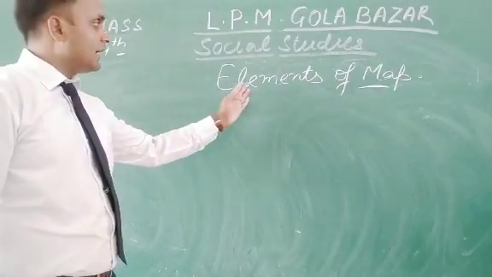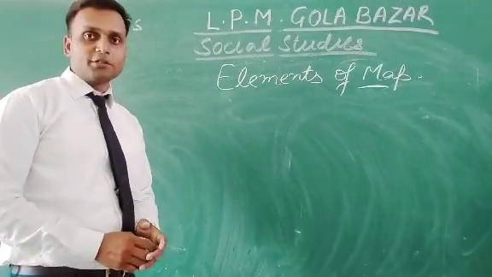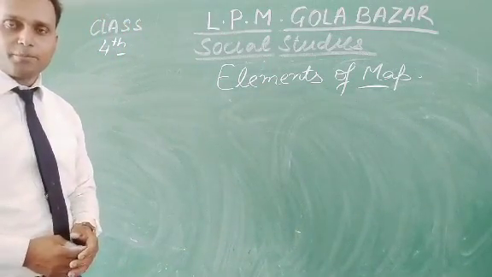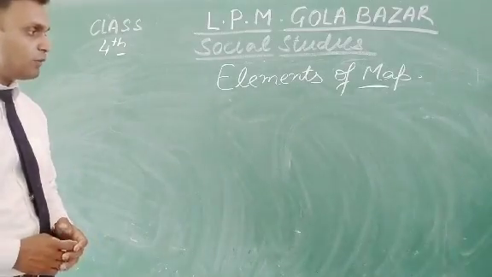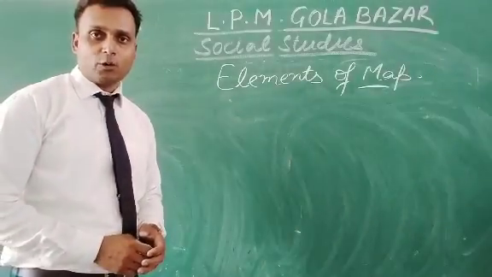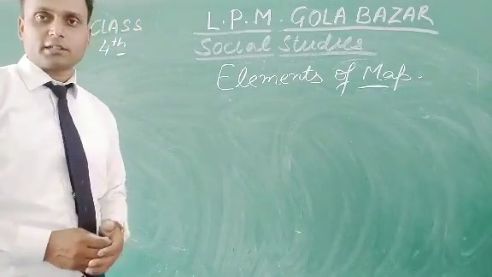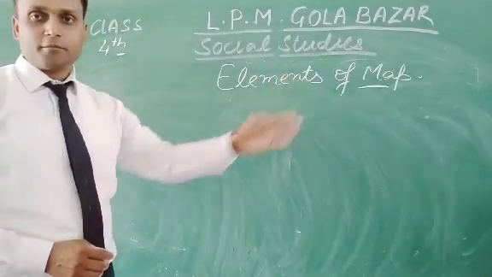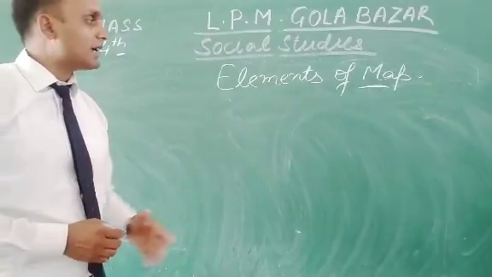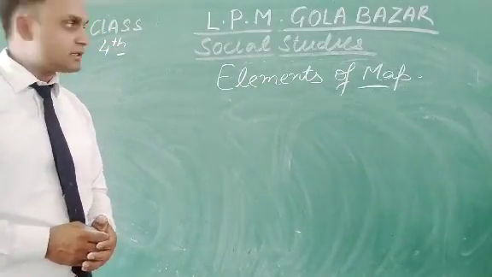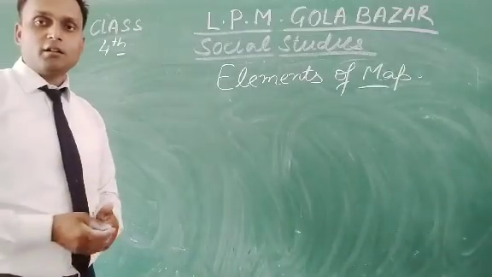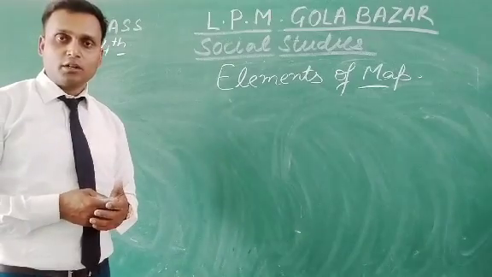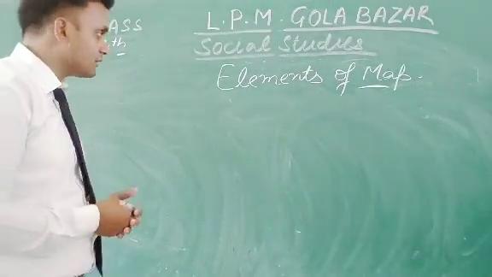Elements of a map are the different elements in a map, and how we can use a map and see the different characteristics given in it. On the basis of these elements, we can understand what type of map it is, what the title is, and for what purpose a particular map is shown for a particular area or region.